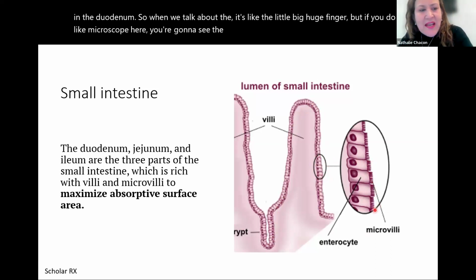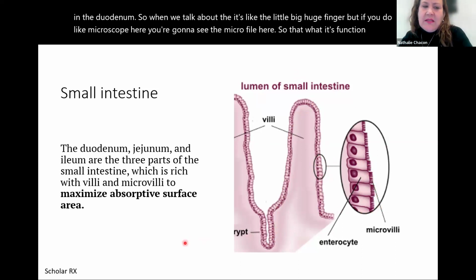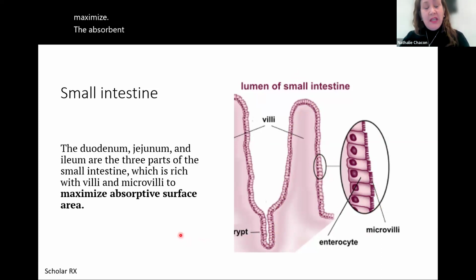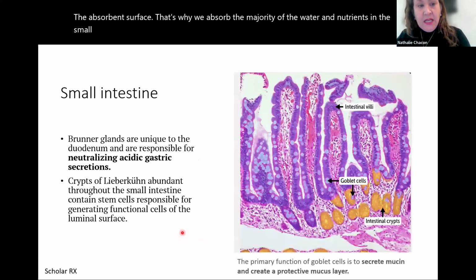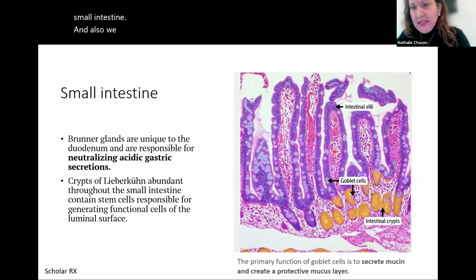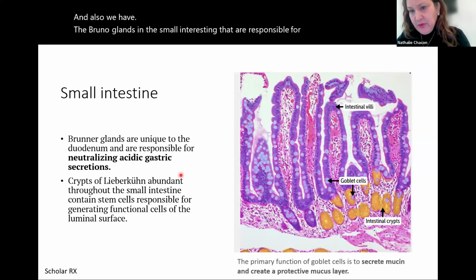Their function is to maximize the absorptive surface. That's why we absorb the majority of the water and nutrients in the small intestine. And we also have the Brunner's glands, which are responsible for neutralizing acidic gastric secretions.